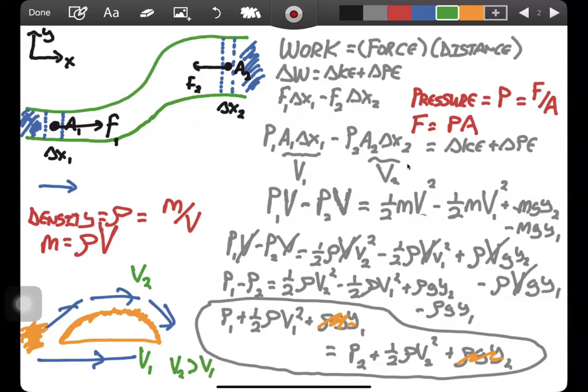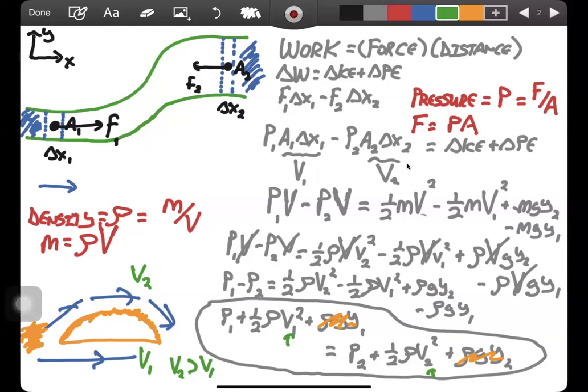To keep this equality inside the circle, P1 plus 1/2 rho V1 squared equals P2 plus 1/2 rho V2 squared. By the way, rho is just the density of the air that the wing is cutting through. So the velocity right here is greater than the velocity right here.